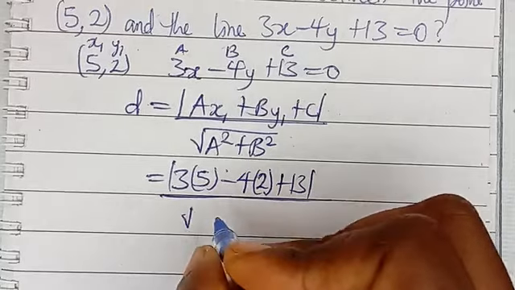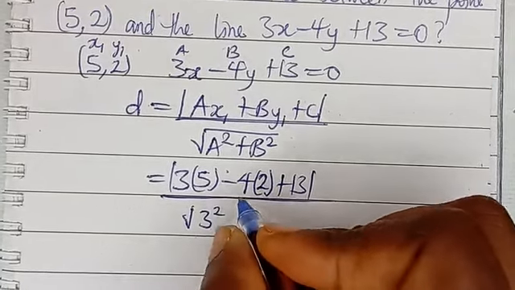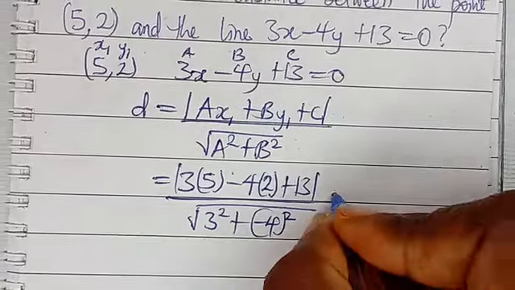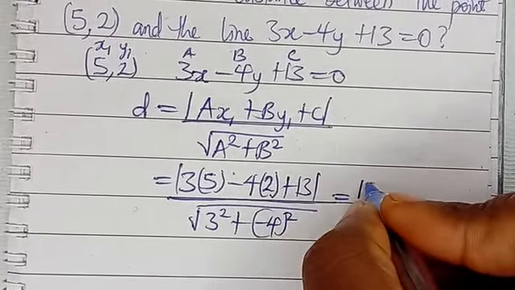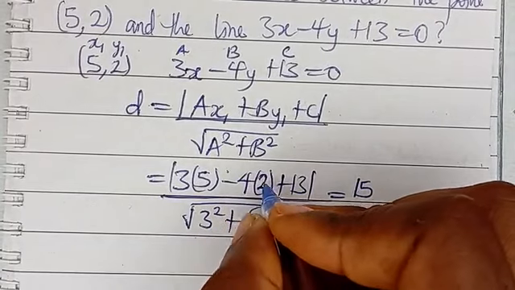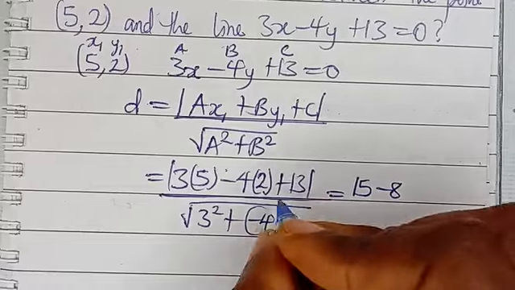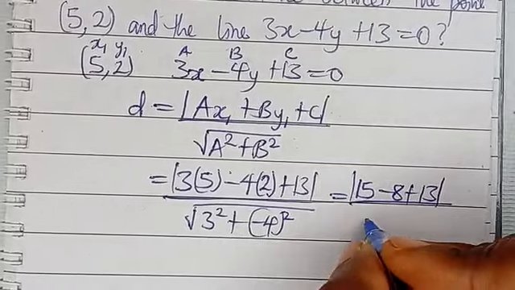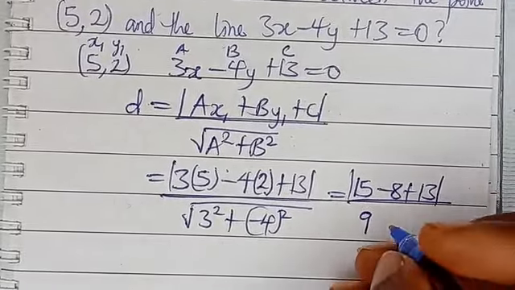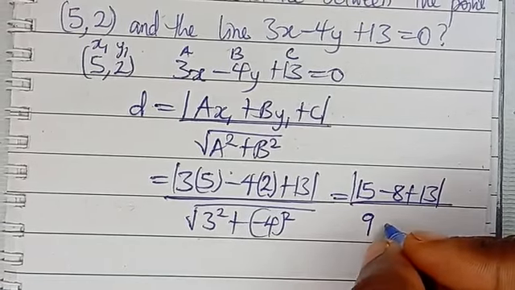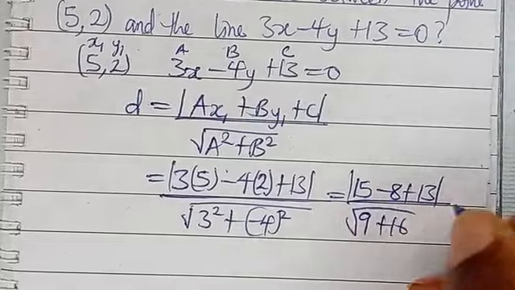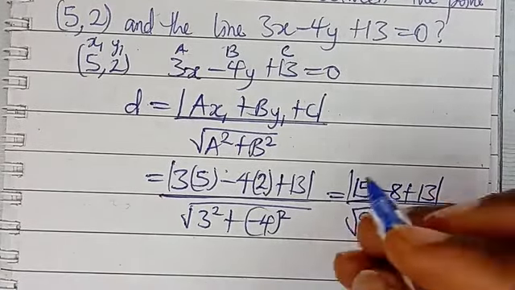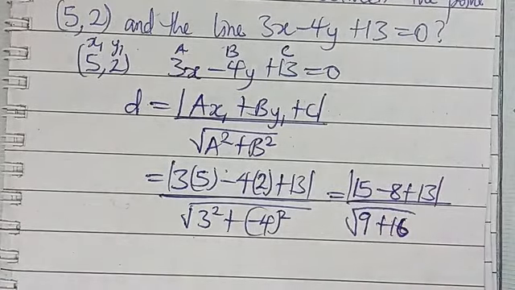The square root of a squared, so 3 squared, plus b squared, where b is -4. 3 times 5 is 15. -4 times 2 is -8, plus 13. 3 squared is 9. -4 squared is 16. Anything squared returns a positive value because -4 times -4 is still plus 16. So don't even bother with the negative sign in squared.